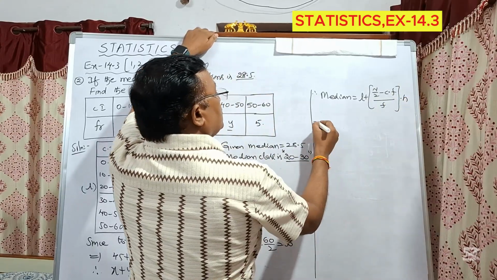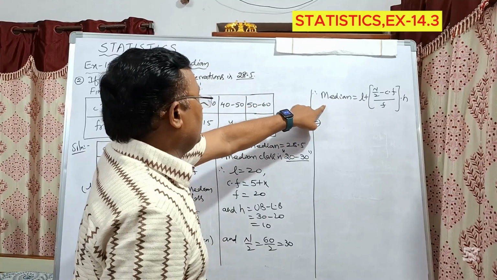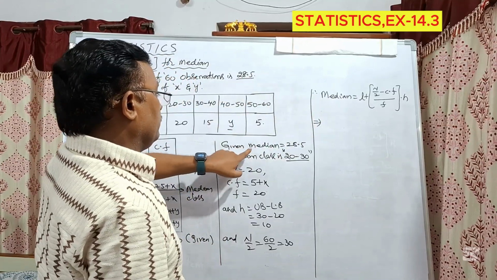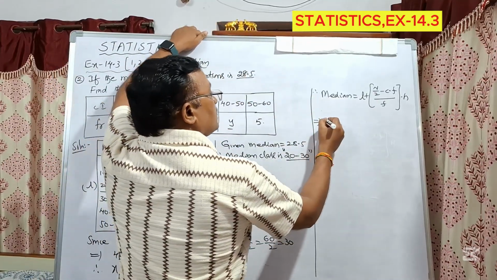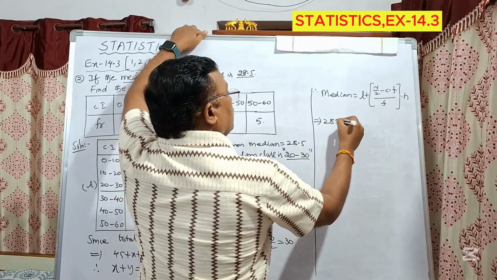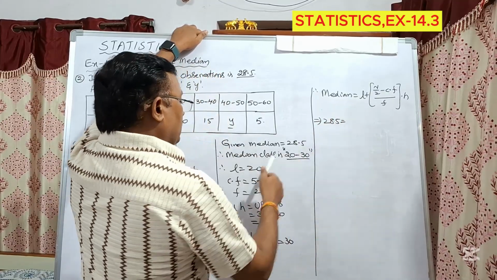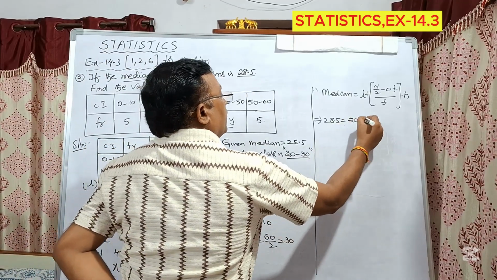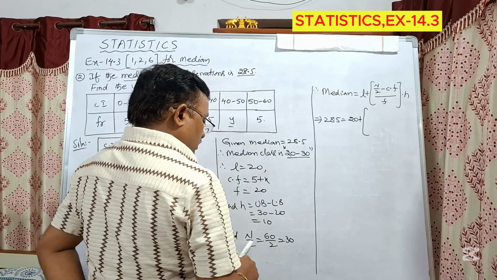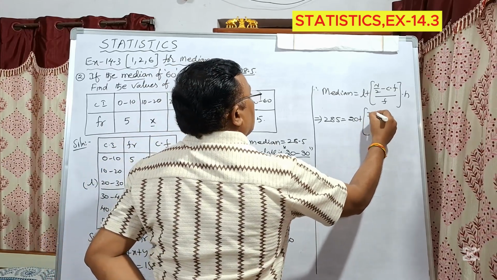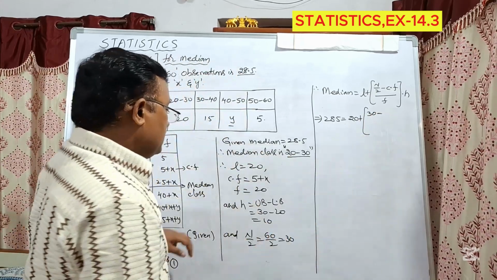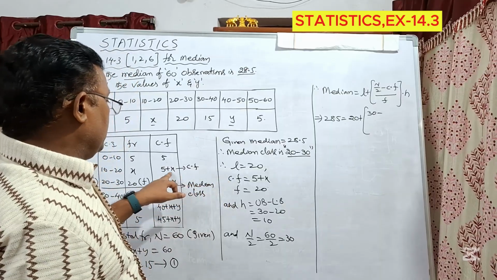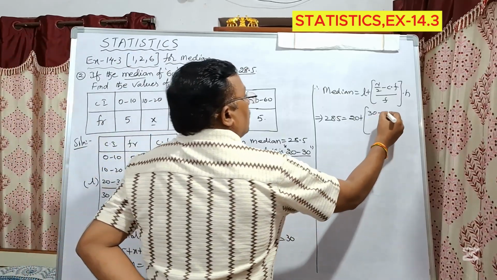Which implies, with the given median value 28.5: 28.5 equals the L value 20 plus n by 2 value 30 minus the preceding class cumulative frequency, 5 plus x.